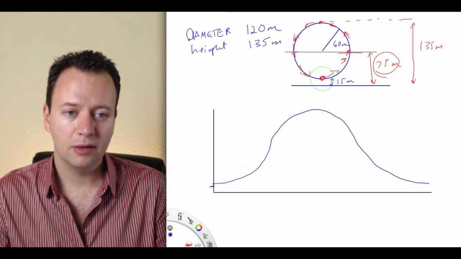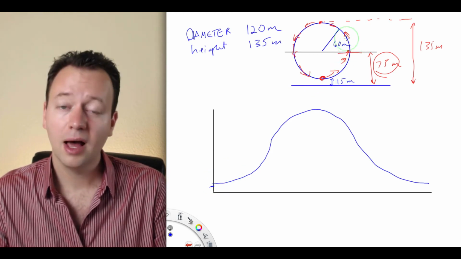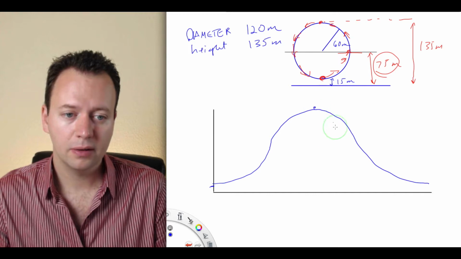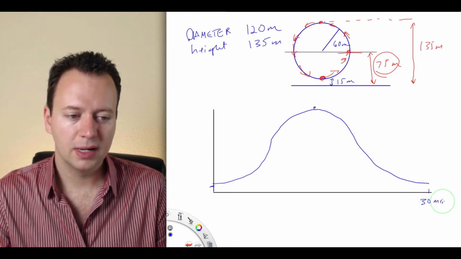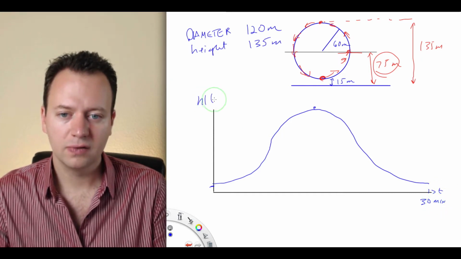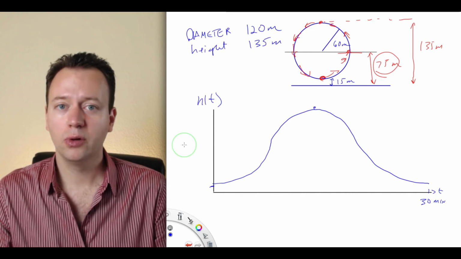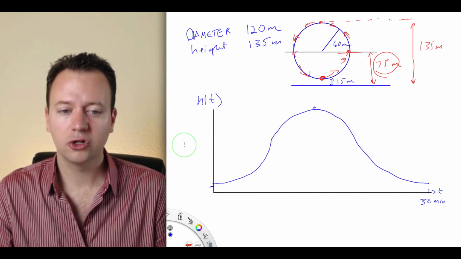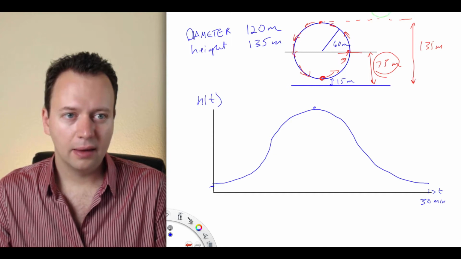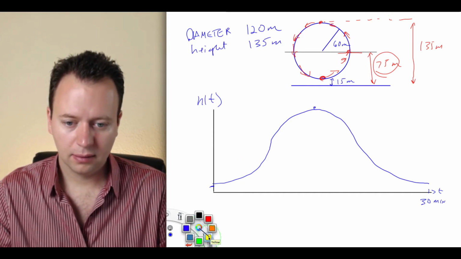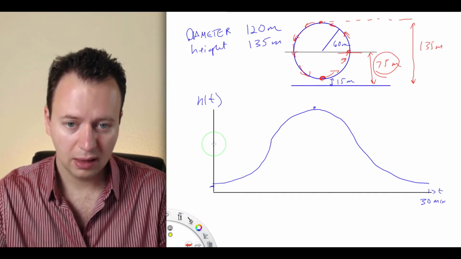They start down at the bottom, the ride takes them all the way to the top, right here, and then all the way back down. The period of the ride is 30 minutes. So we'll say this is with respect to time, and this is h of t. First we want to come up with a sinusoidal function that describes this. And then we have the midline.